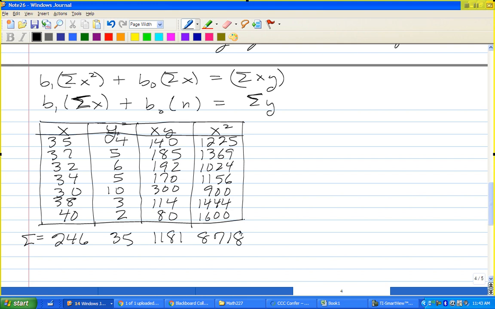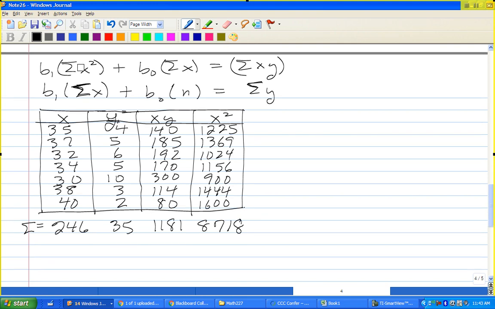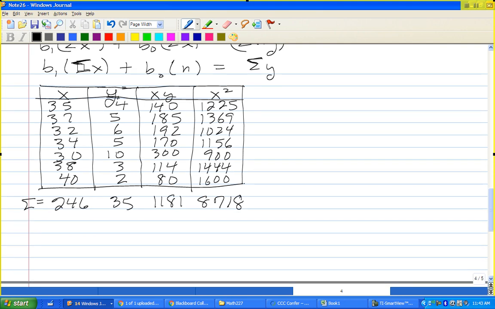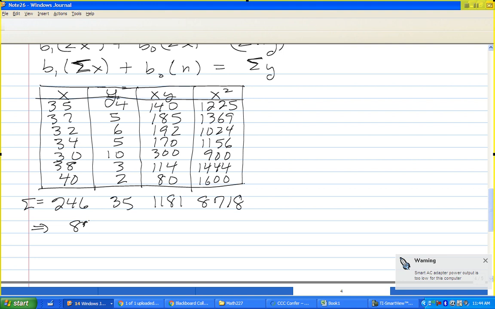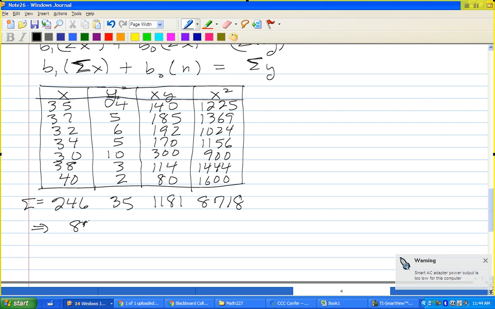And so, just plugging these numbers up here, I want to solve the system of equations.